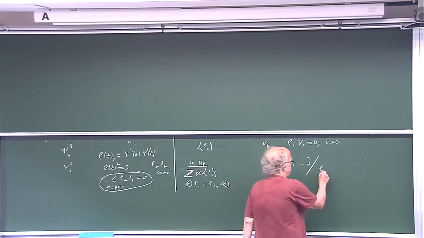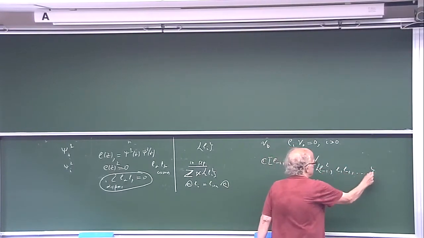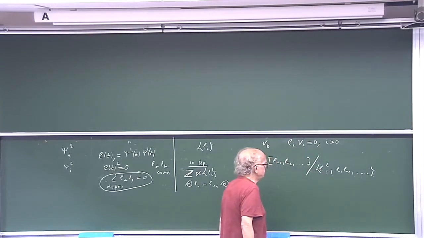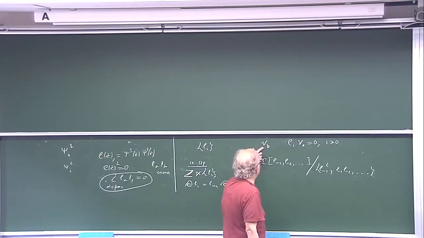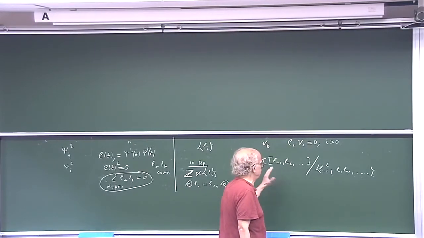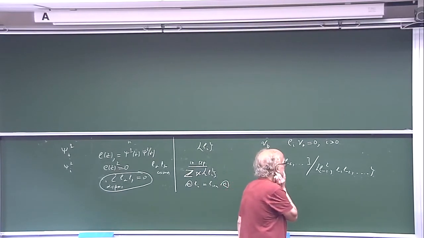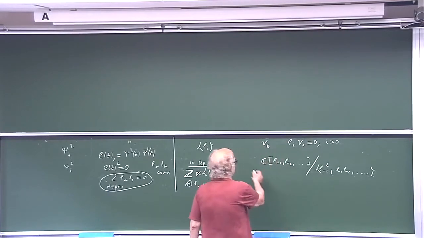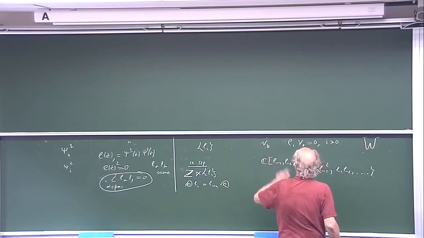And what is this? E_{-1} squared, E_{-1}, E_{-2}, and so on. So an infinite number of quadratic relations. Now, I know nothing about my representation, so in principle, if I have such a vector, then this is a map from this to my representation. I want to construct some representation W, which at least has this.